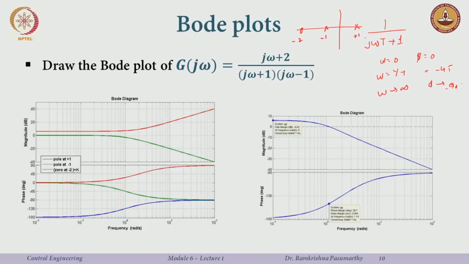At k equal to 0, the system is unstable. Then I keep on moving until at k equal to 0.5 I reach this point, and my system is stable after this. So, the gain margin would be 20 log 0.5, and this turns out to be negative, minus 6 decibels.